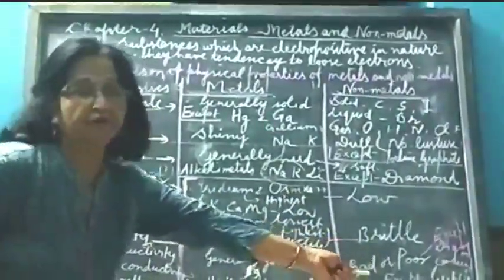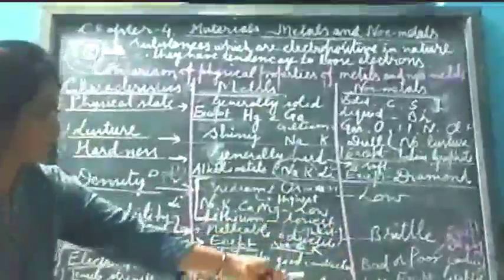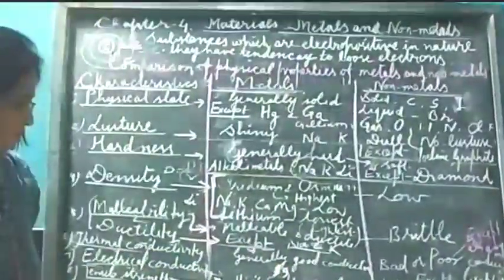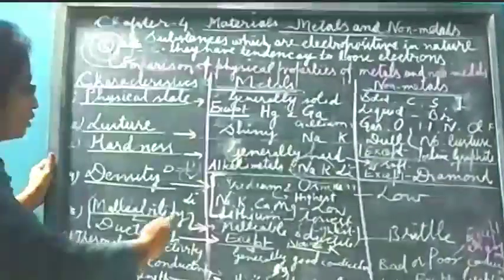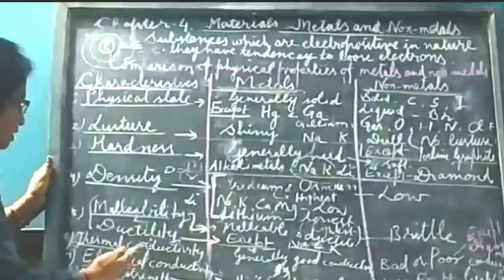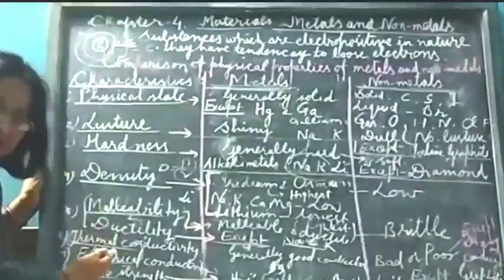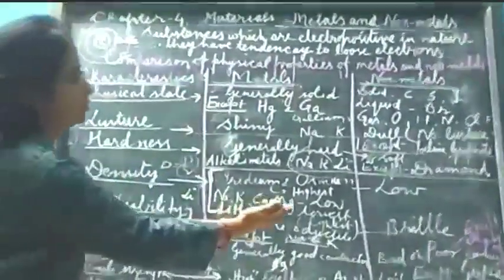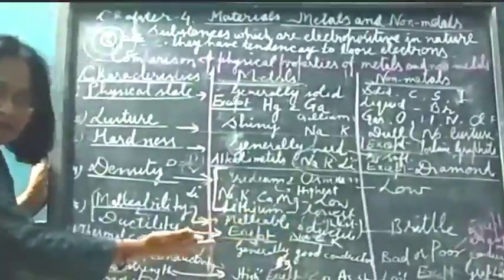Again, a very important exception is graphite, an allotrope of carbon, which you have to learn. It is a good conductor of electricity. So mostly, metals are good conductors of heat and electricity, and non-metals are poor or bad conductors of heat and electricity.